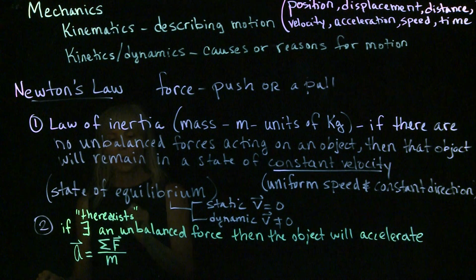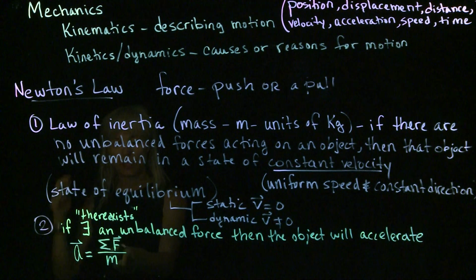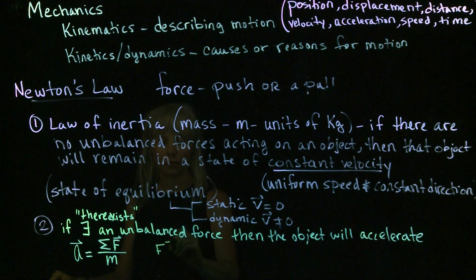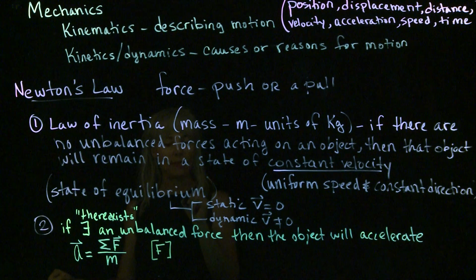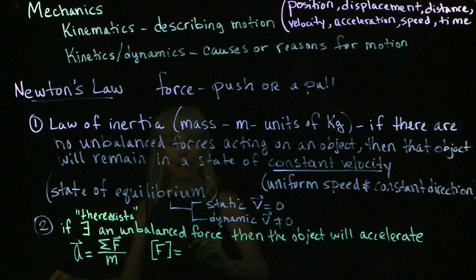So what kind of units are we going to have for force? Well, let's look and see. If I isolate force, it would be the product of mass and acceleration, right? So the units for force, and remember, when I put brackets around a quantity, that means I'm just looking at that quantity's units. So the units for force are going to be the units for acceleration times the units for mass.